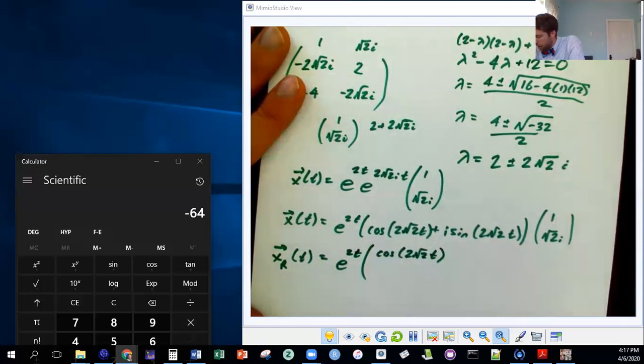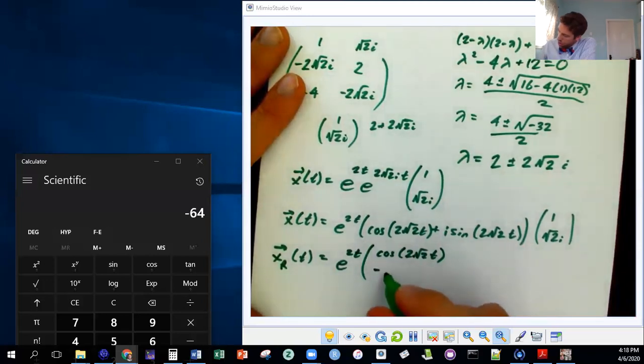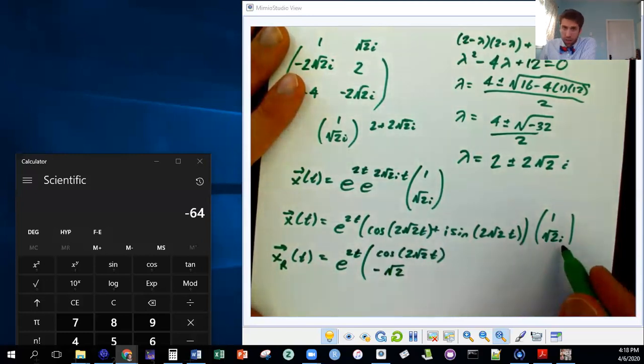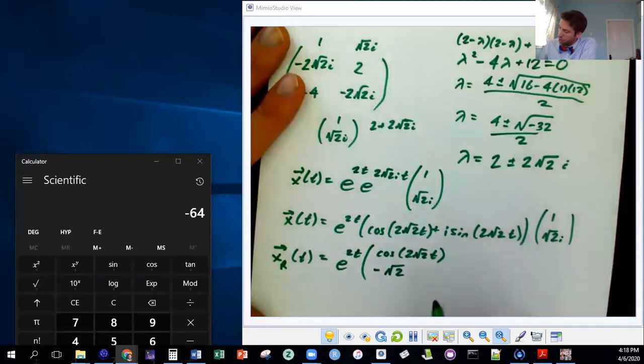And on the bottom would be negative square root of 2, because the i times the i would be negative 1, that made it negative, and square root of 2 times sine of 2 square root of 2 t.